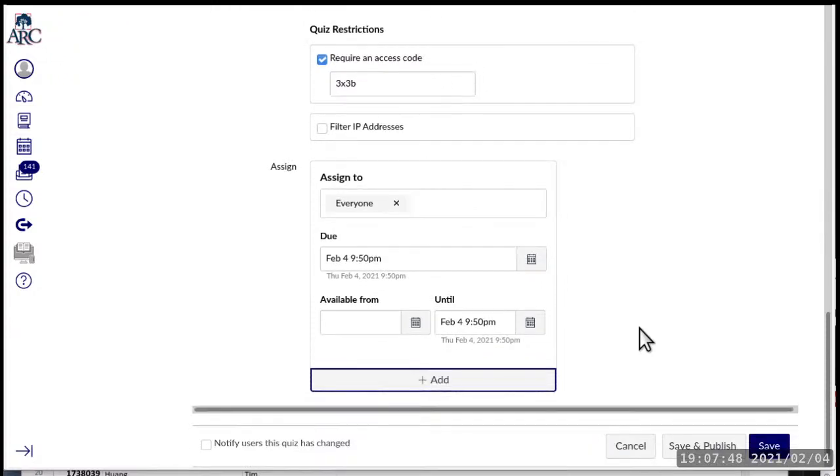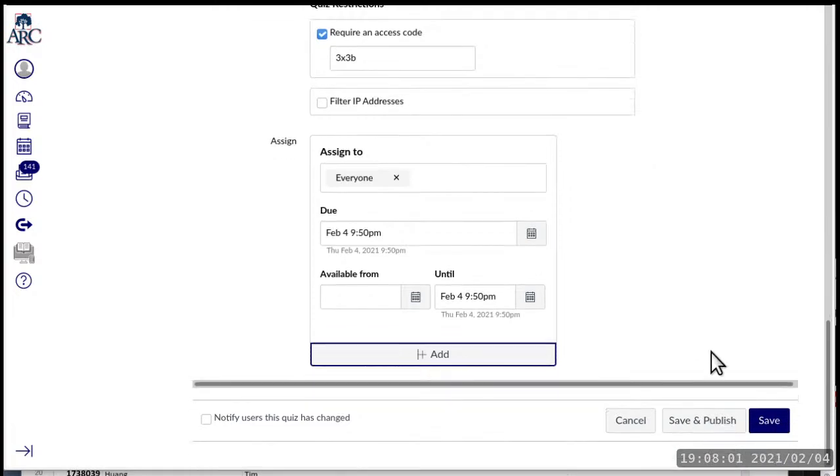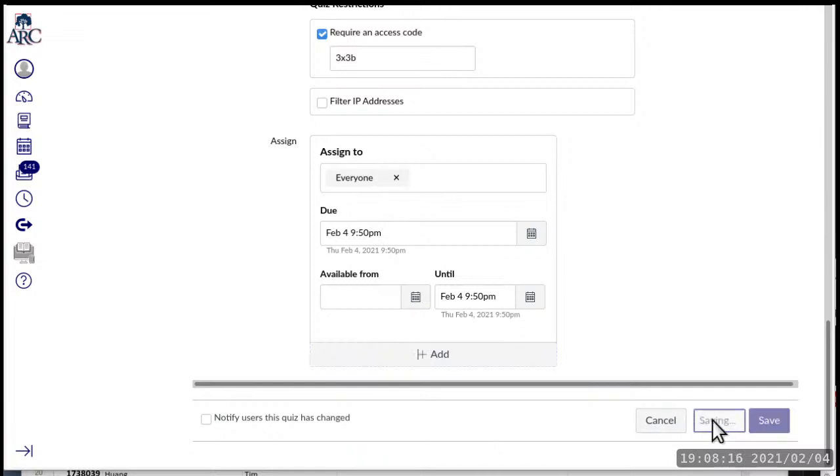So once again, all the labs are due at 9:50 p.m. of the day that I assign the lab, unless I explicitly say otherwise. Okay. Save and publish. Well, if I had used UTC, I think that time has passed already, because UTC is ahead of us. Alright, so save and publish. Now it is released.